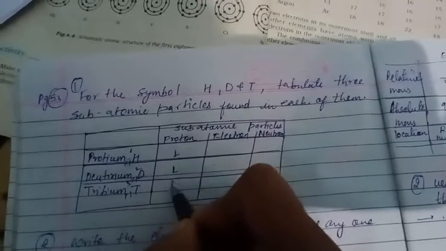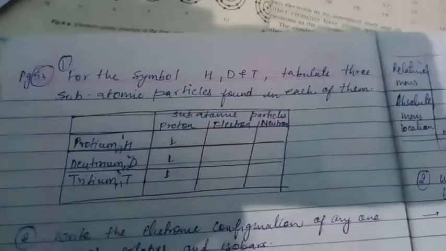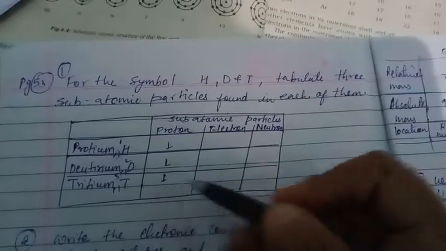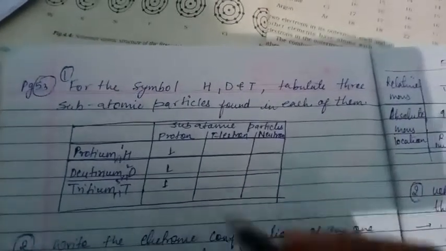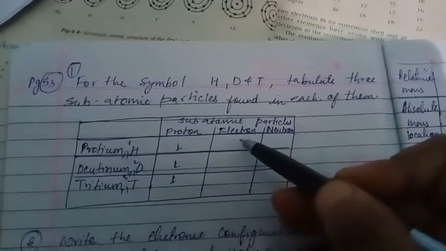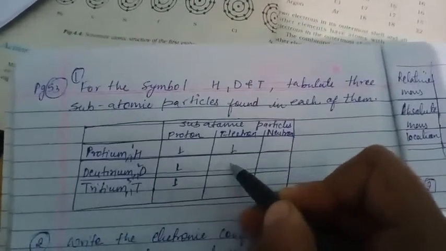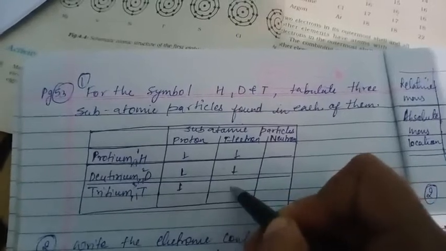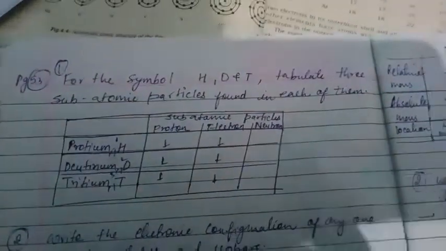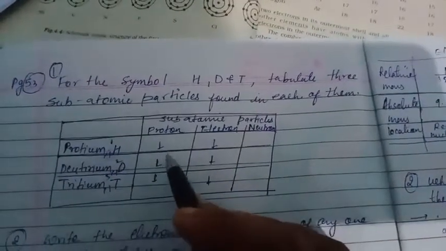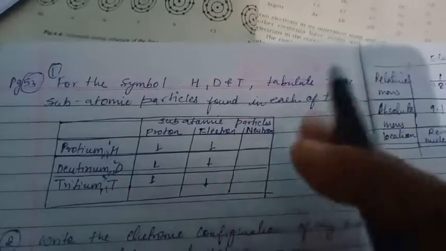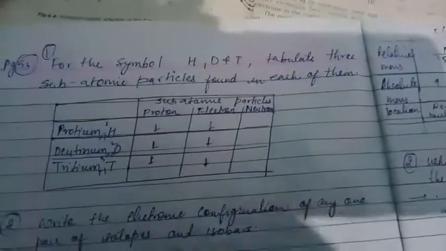So each isotope will have the same number of protons, that is 1, 1 and 1. What about the number of electrons? Electrons will be 1 only in each case, as the number of protons and electrons will be equal, because these are all electrically neutral atoms.